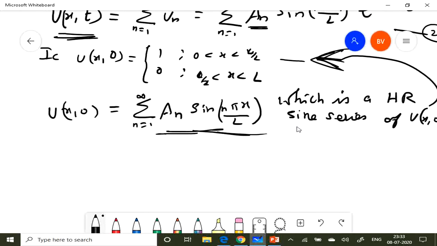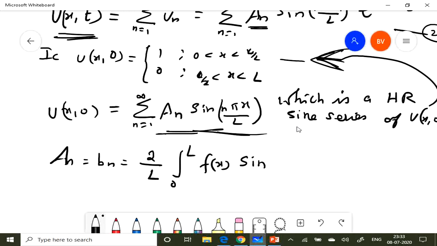Therefore, the formula for a_n, which is our b_n in the half range series, is 2 over L, integral from 0 to L, f of x sin n pi x over L dx, by using the Fourier series, right?